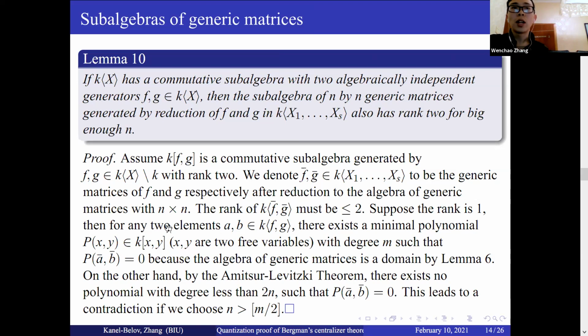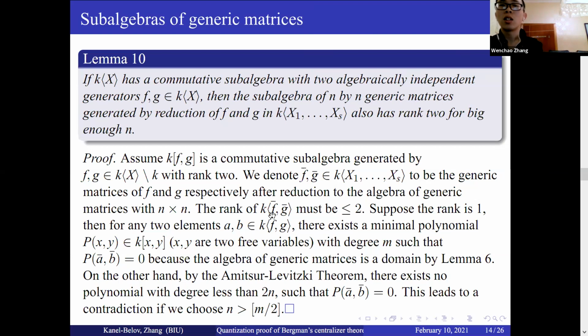So for any other elements inside this subalgebra, I mean A and B, since we assumed the rank is 1, there must be a minimal polynomial p(x, y) inside k[x, y]. Suppose its degree is n, such that after reduction we have p(A bar, B bar) is 0.